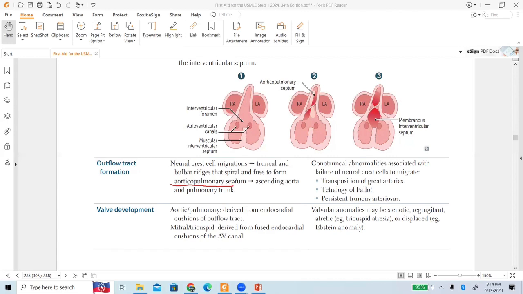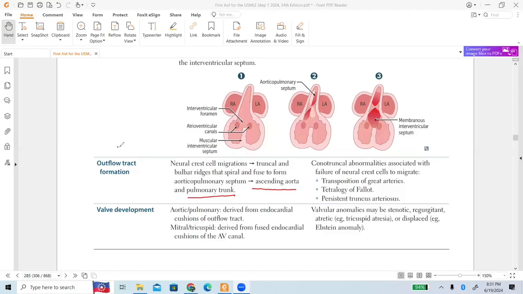The aorticopulmonary septum. The aorticopulmonary septum gives rise to the aorta and pulmonary trunk. You have to cram the derivatives. One more thing: if neural crest cell migration does not take place, it will lead to these.